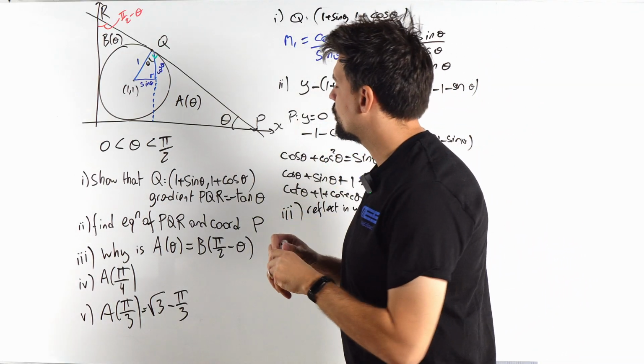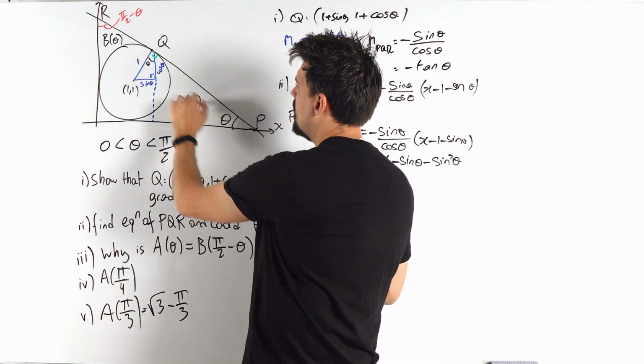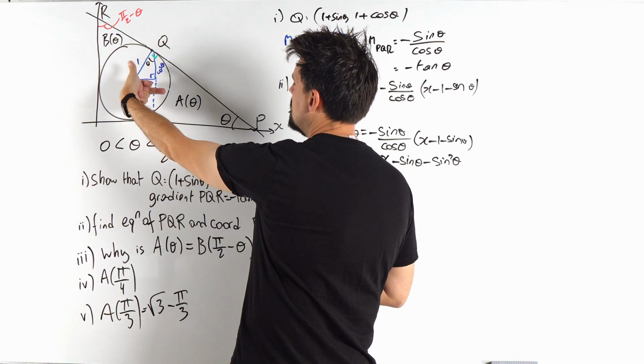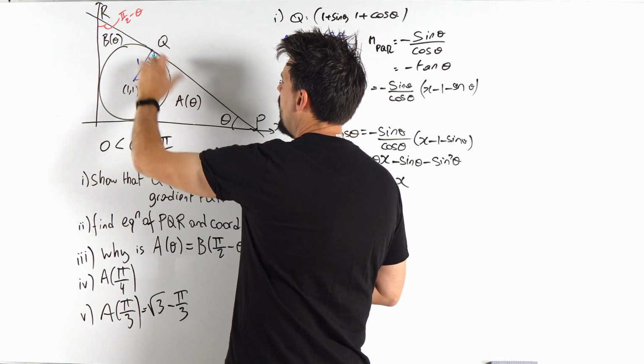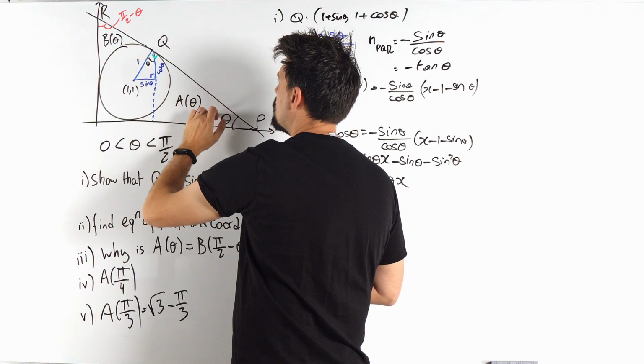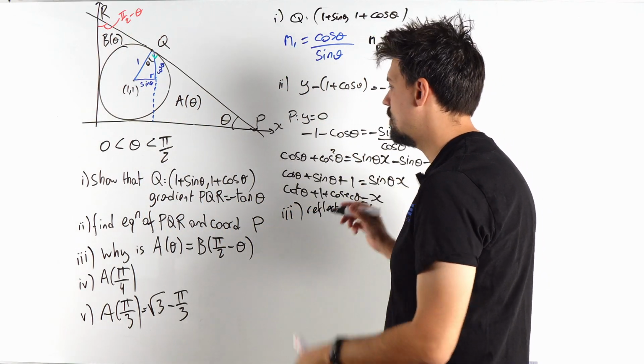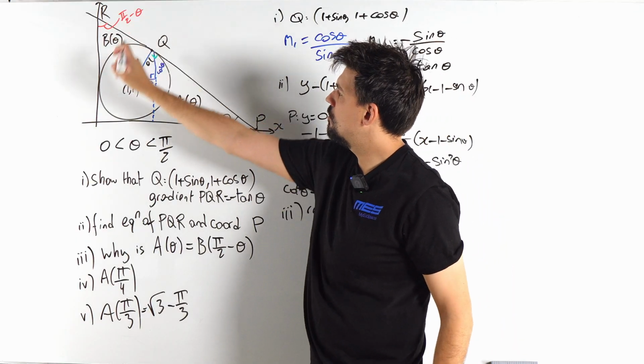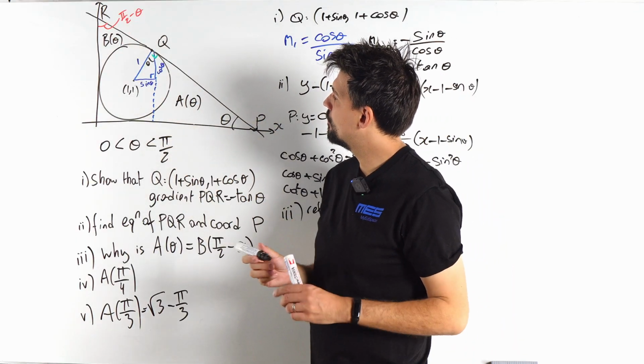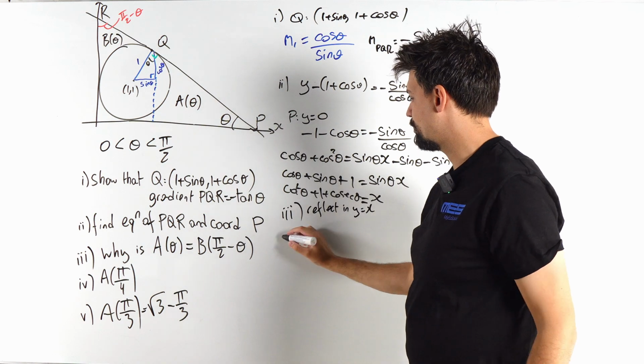So just picture yourself reflecting this thing, all right? Then your A becomes your B becomes your A, your theta becomes your pi over 2 minus theta, and you are up and running. Okay, so it's all just about, think of the reflection here. All right?